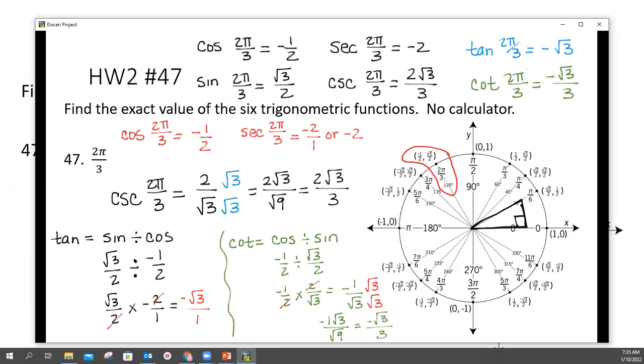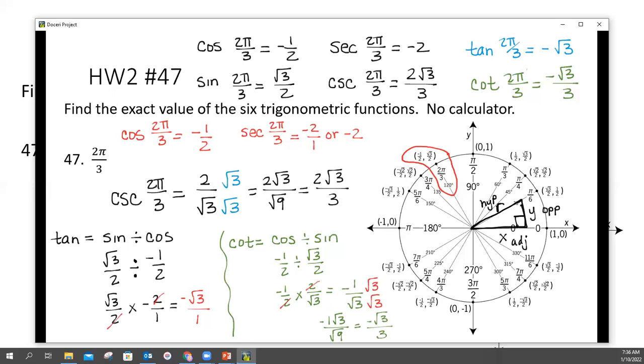This would be your r, that's your radius, your y and your x. But if we go way back to geometry, another way to think of r is your hypotenuse, y is opposite, and x is your adjacent.